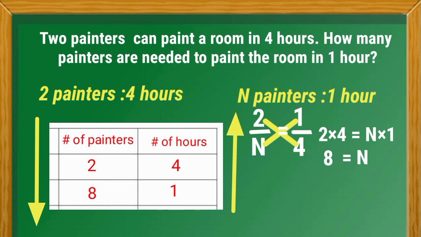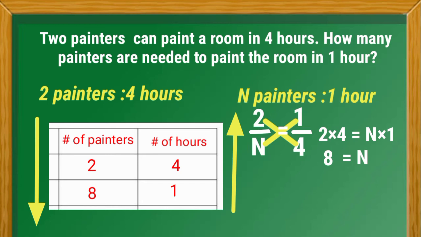As you can see in the table, the number of painters increases from 2 to 8, while the number of hours decreases from 4 hours to 1 hour. So it means they are indirectly proportional, or indirect proportion, or inverse proportion.